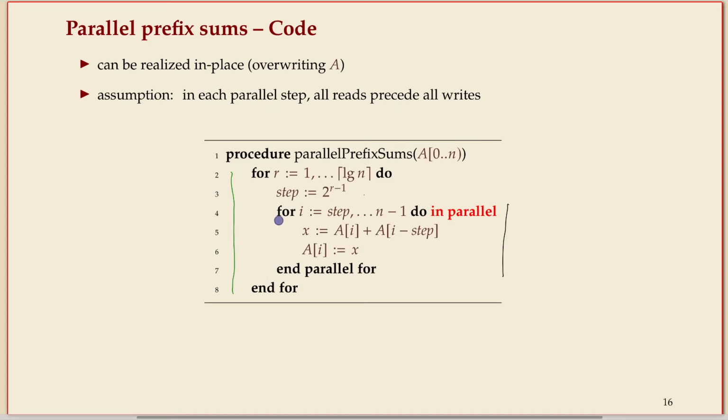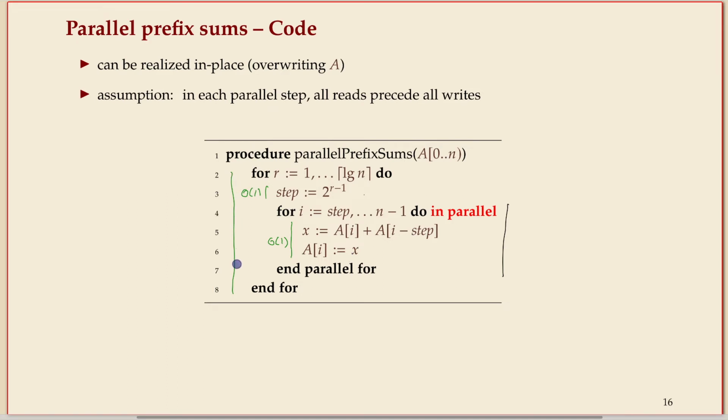Now, this is one step, but that's constant. But then we have a for loop that's parallelized. So for the time, we can ignore this. We just look at how long each body takes. And that's, again, constant time. It's just two operations each, or a bunch of reads, an addition, and a write.